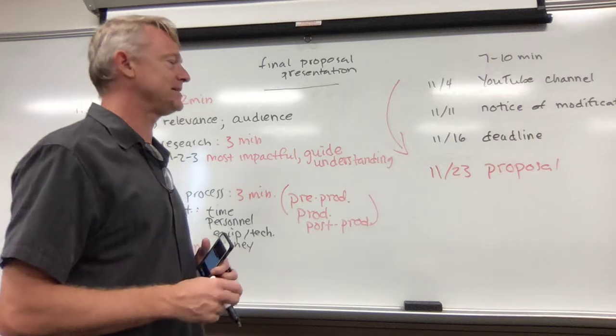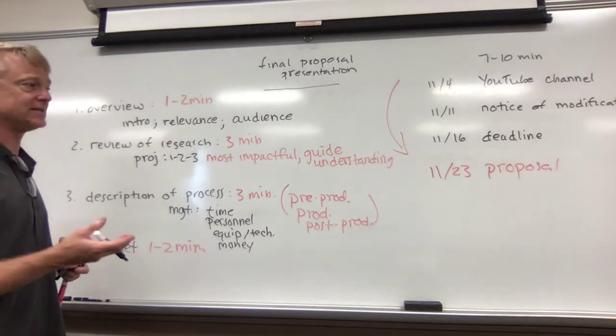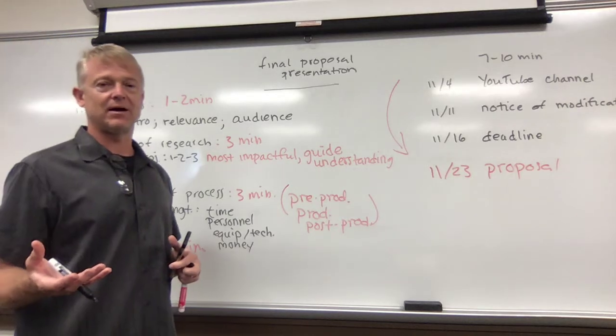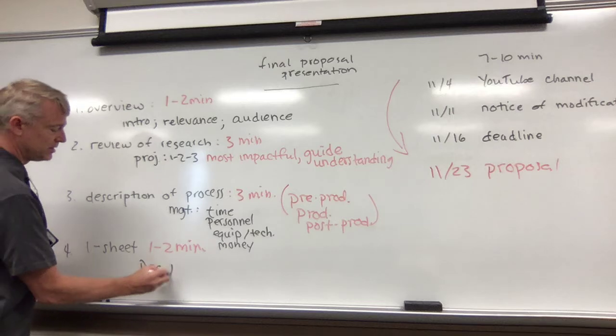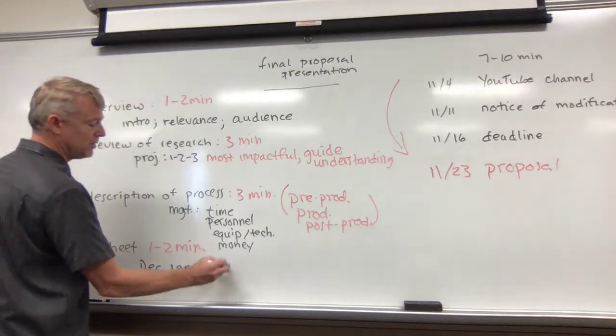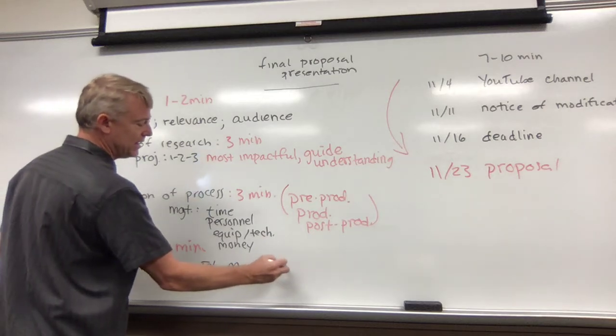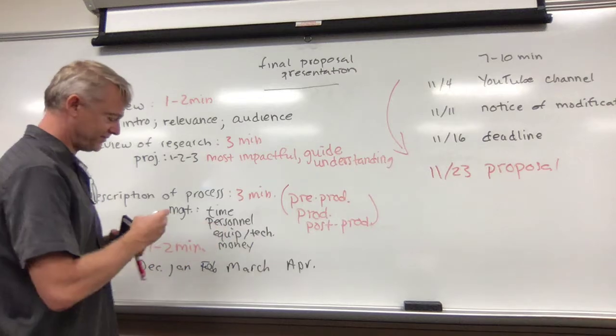Now we're looking at basically from after Thanksgiving holidays on through to about the middle of April. And so December, January, February, March, and half of April. 1, 2, 3, 4, 5. So it's 4.5 months.